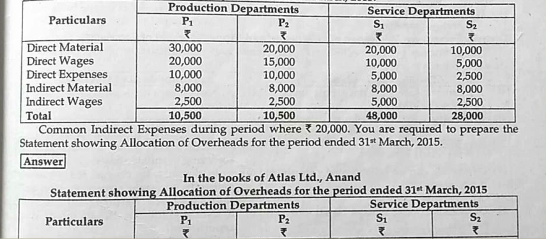Now we just have to do the allocation of overheads and not the allocation of all the expenses. That means over here we will not include the direct material, wages and expenses for the production department.